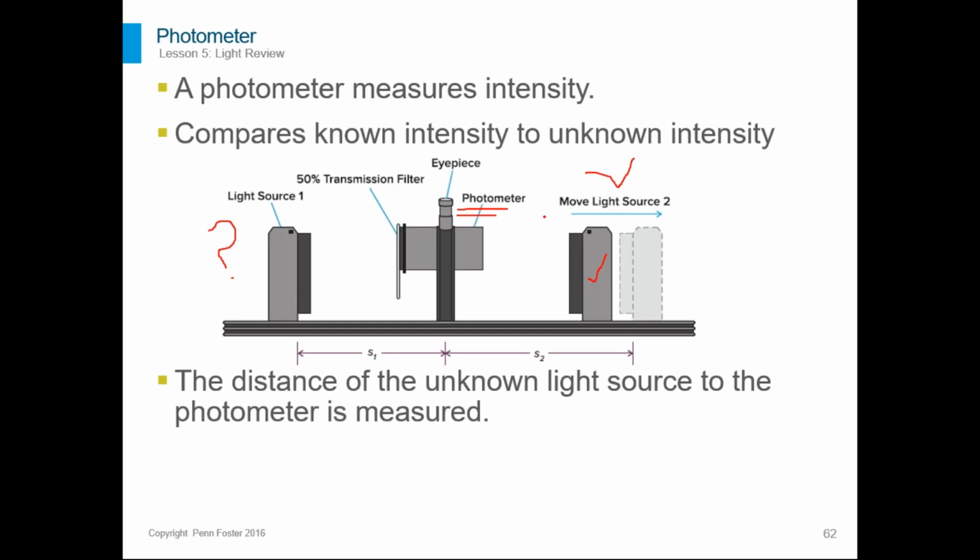So we're getting a different amount of illuminance on that photometer. So we know the intensity of this one, and we're moving it backward and forward until the illuminance that reaches the photometer is the same as the illuminance that reaches the photometer from over here.